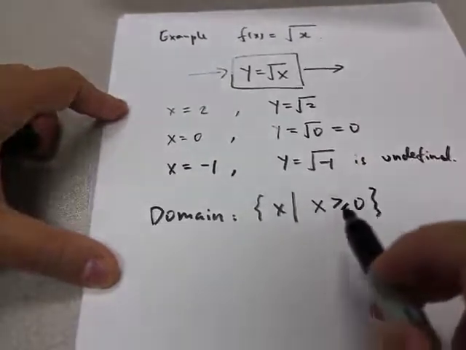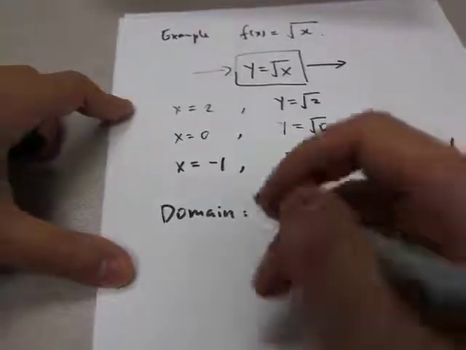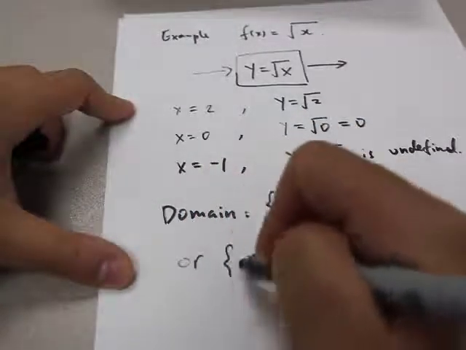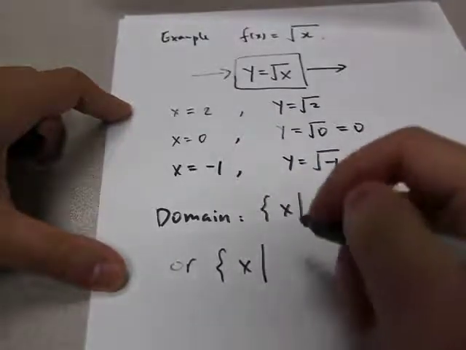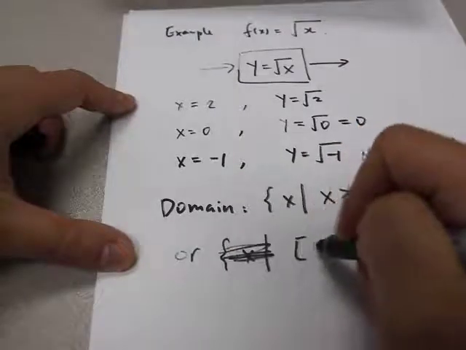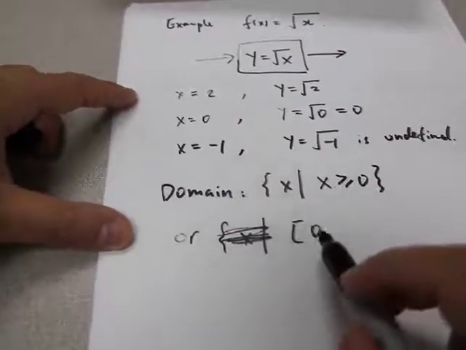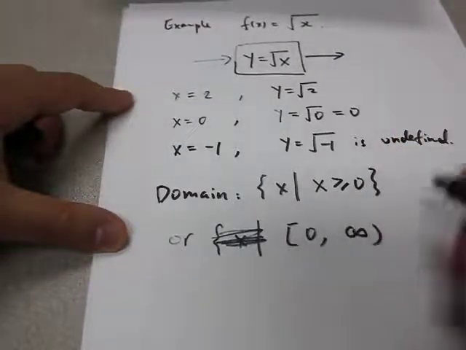We can use the inequality to represent this, or we can use the interval notation. So the domain is every number on the interval from 0 to infinity.